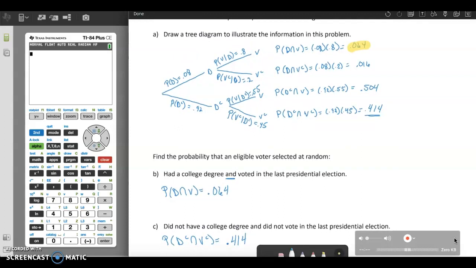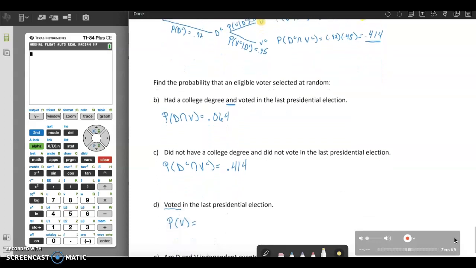So what we want to look for there is any branch that ends in voted. So we definitely want to look at this 0.064, and we also want to look at this 0.504. So if we add together the people who had a degree and voted and the people who didn't have a degree and voted, then now we've added up and found all of the people who voted.